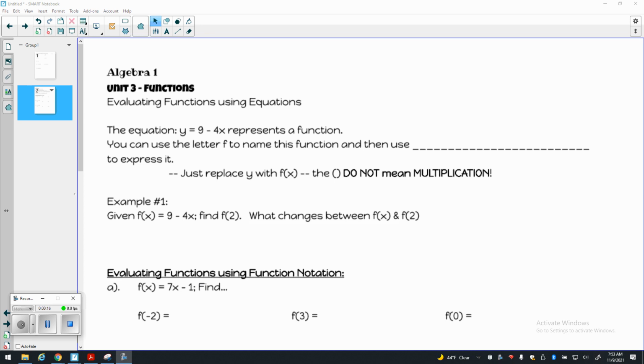Okay. Now, that's an equation. It's an equation because it's using y and x. I'm going to take that equation and turn it into a function.